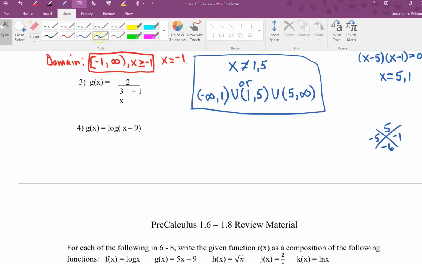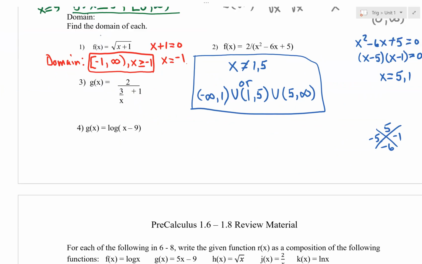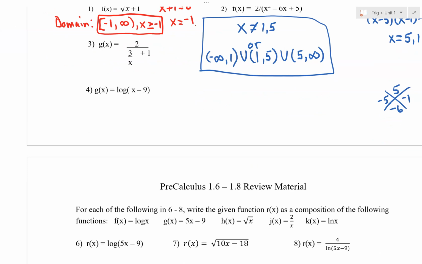The next one is g of x is equal to log of x minus 9. Same idea, start by saying x minus 9 equals 0 and x is equal to 9. But when you put 9 in right here, you're going to get log of 0. And as we talked about in the last video, the log base 10 of 0 does not exist.